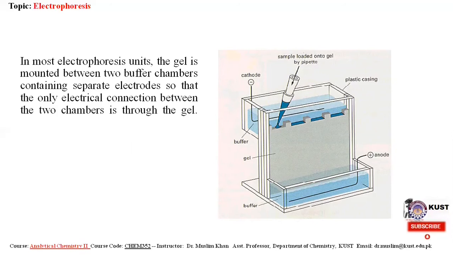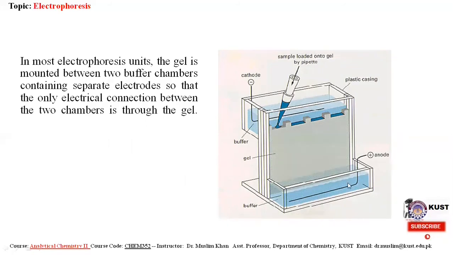So, coming again to the general form of electrophoresis, in most electrophoresis units, the gel is mounted between two units, as I told you that I will show you in the future. The gel is mounted between two buffer chambers containing separate electrodes. This is a different chamber. This is a different chamber.